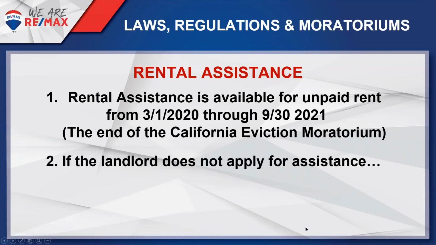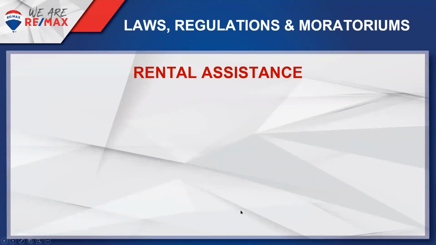If the landlord does not apply for rental assistance, guess what? The tenant can. So if the tenant's not paying you and they claim a financial hardship and they ask you, why, you're the landlord, why don't you just apply for financial assistance? And the landlord chooses not to, well, then the tenant can do it.